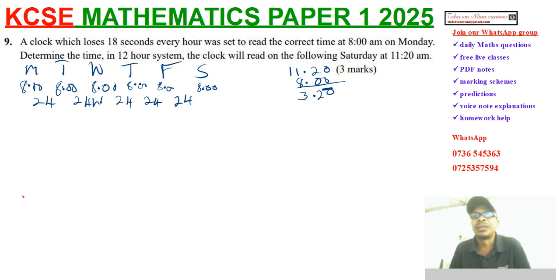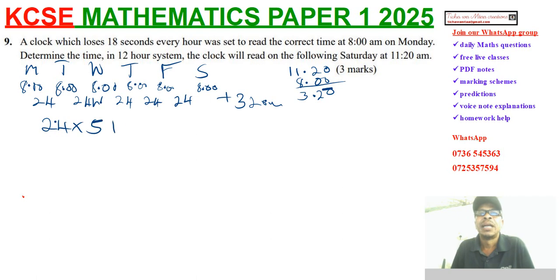So we are going to add 3 hours and 20 minutes. We multiply the number of hours, 24, by 5, and we add 3 hours and 20 minutes.